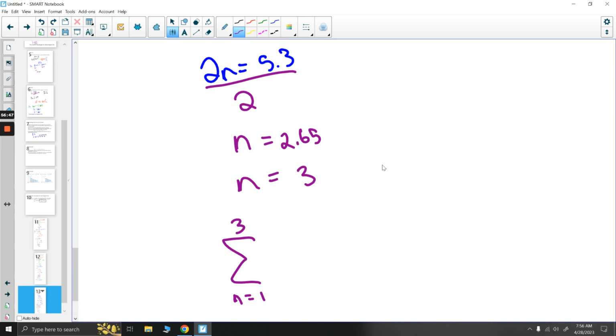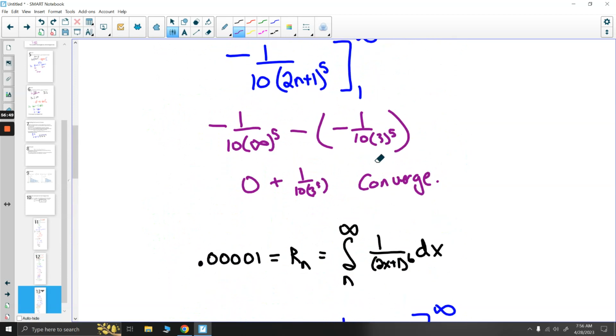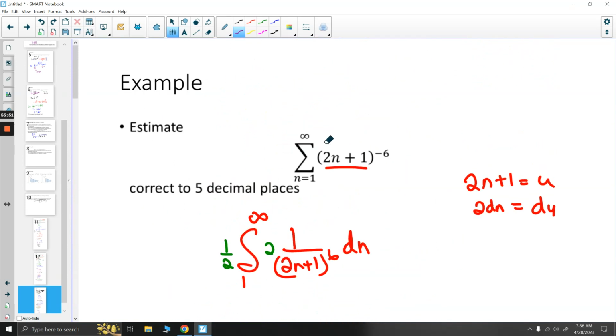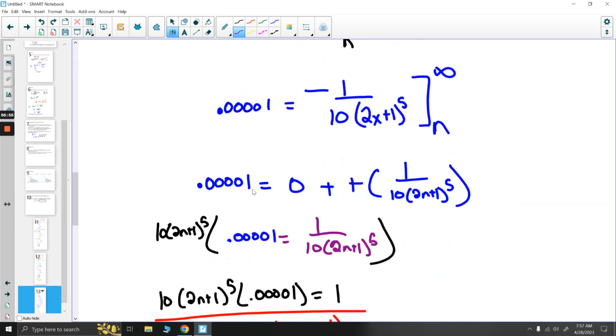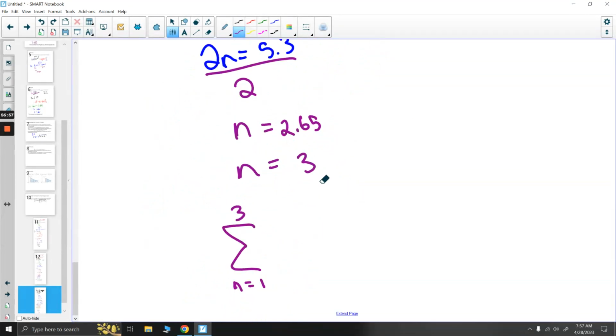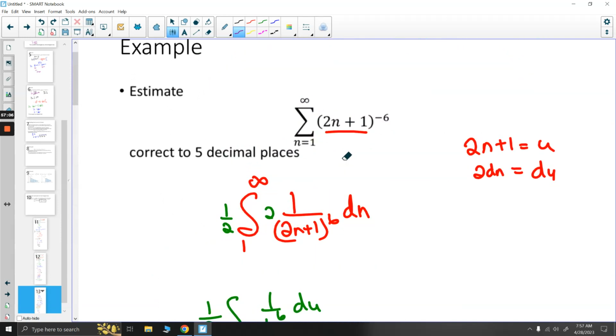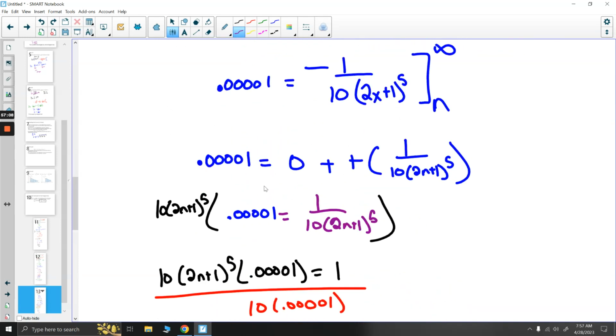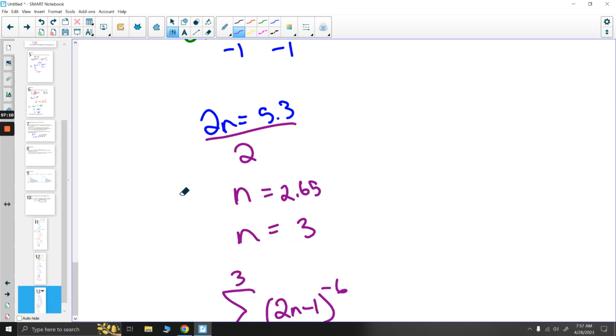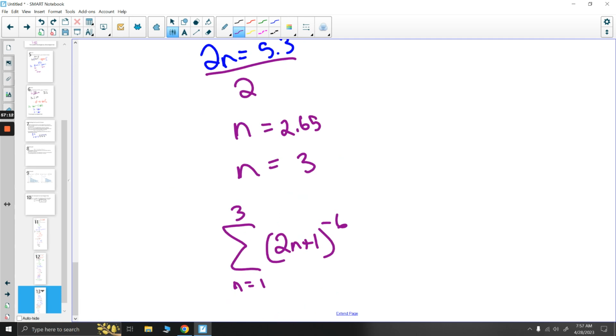Okay. That goes to show how little of an n we sometimes need for this thing. So 2n minus 1 to the negative 6. Was it minus 1? Have I been doing plus 1 this whole time? No, thank goodness. My brain just thought it was minus 1 at the end. Okay, I was a little worried there. Plus 1.